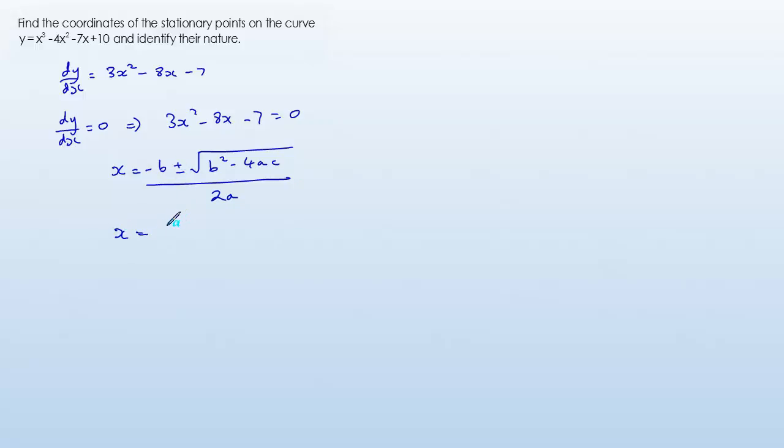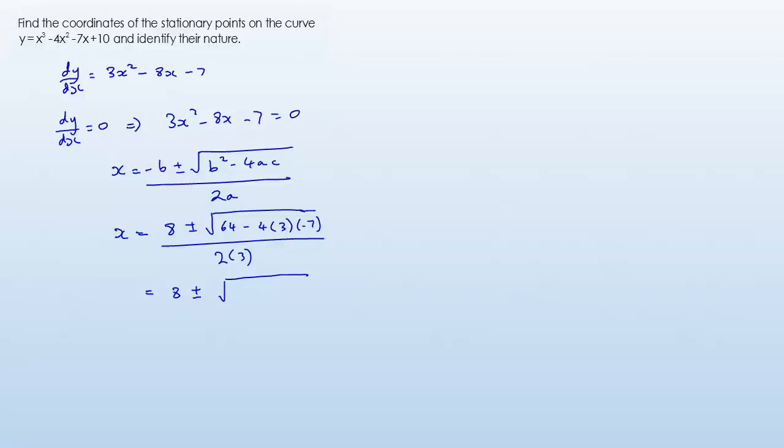So here that's going to be 8 plus or minus the square root of 64 take away 4 times 3 times negative 7, all over 2 lots of 3. So that's 8 plus or minus the square root of 64 plus 12 times 7.